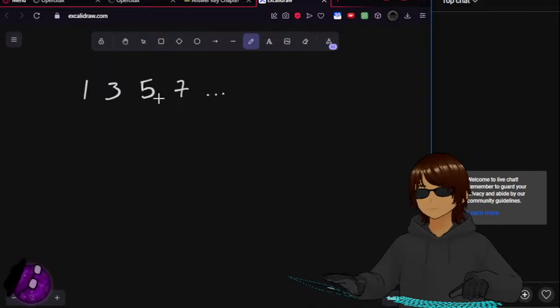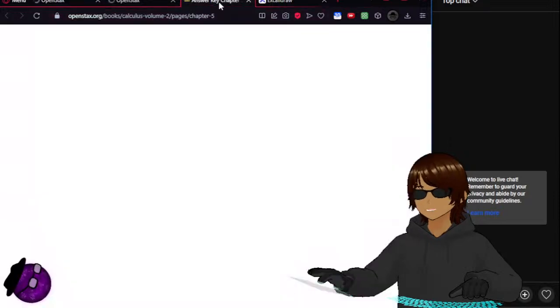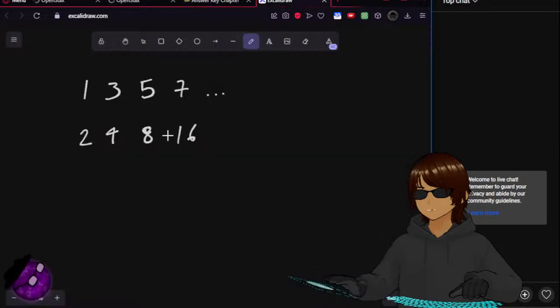Here, the pattern is that the numbers are adding plus 2, or I can have a different pattern 2, 4, 8, 16. Here, each term is an exponent of 2. So, this sequence would be represented like this.